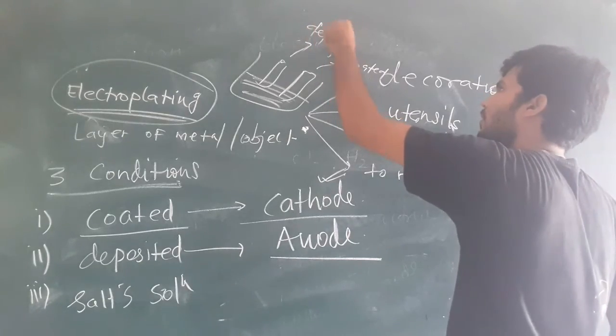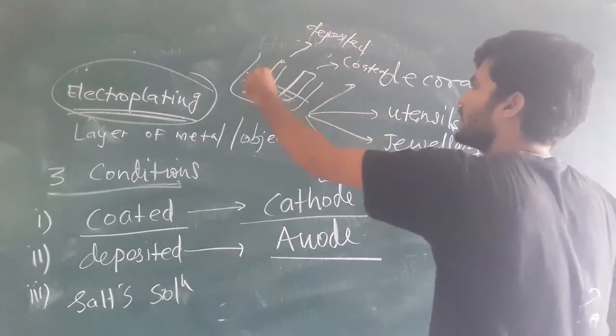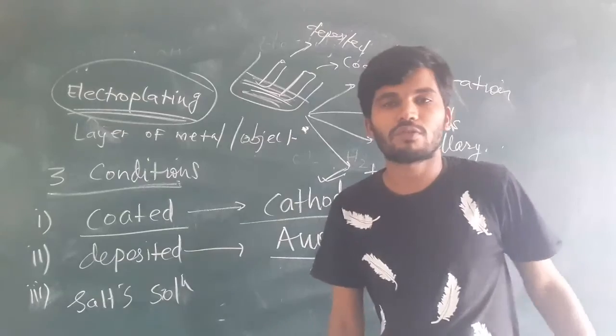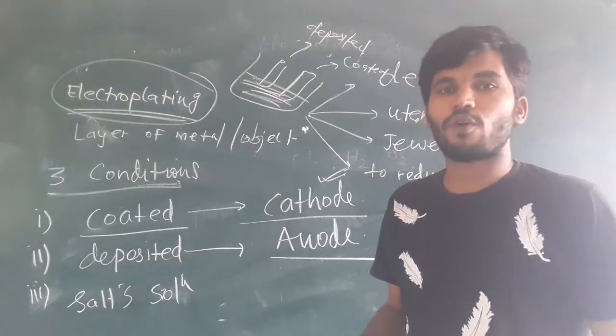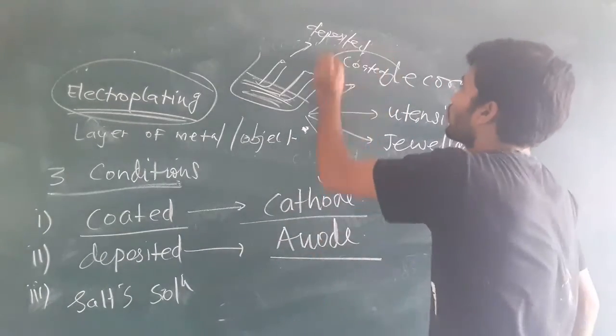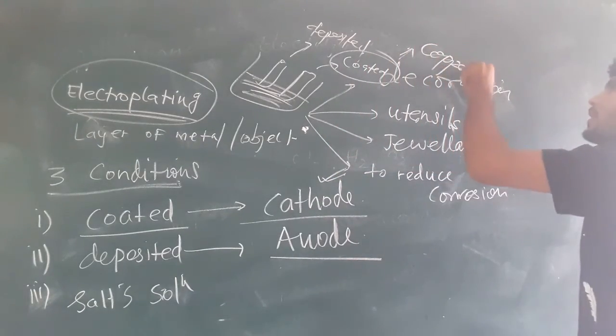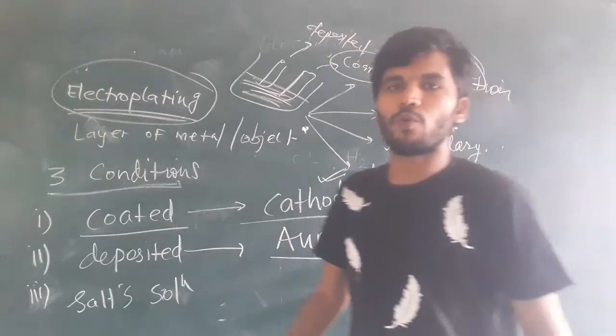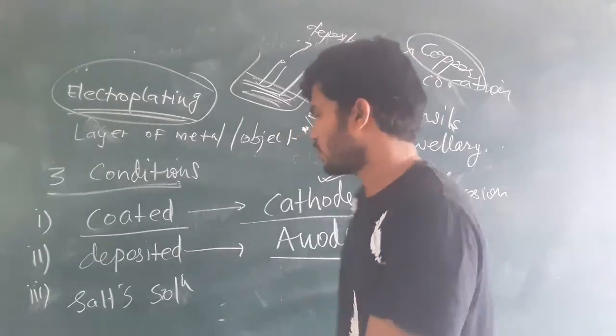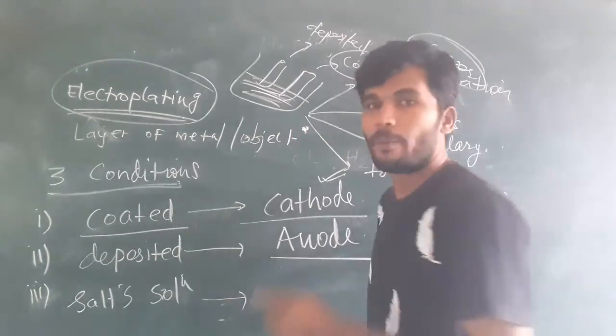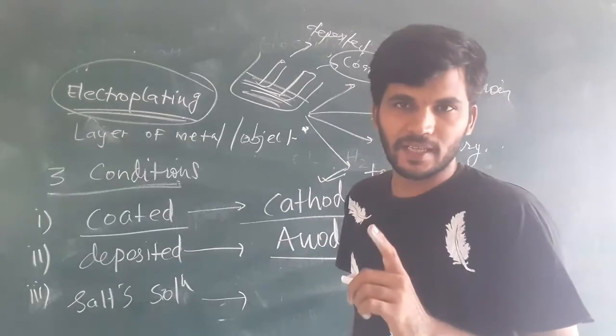Then the solution: suppose you want to put a coating on copper, हमको copper के ऊपर कवरिंग करवानी है, we need to put a layer on this copper, so this salt solution must have copper inside it.